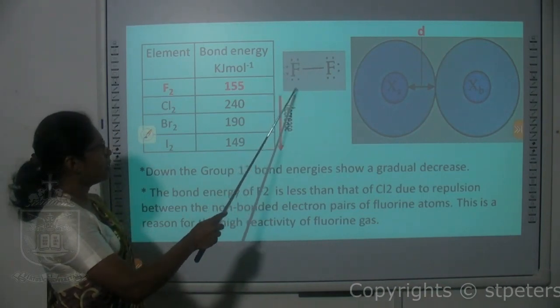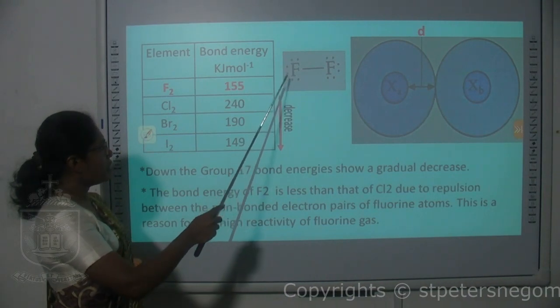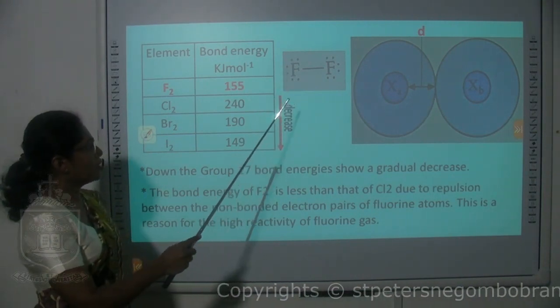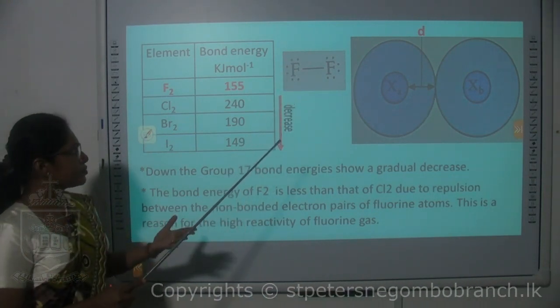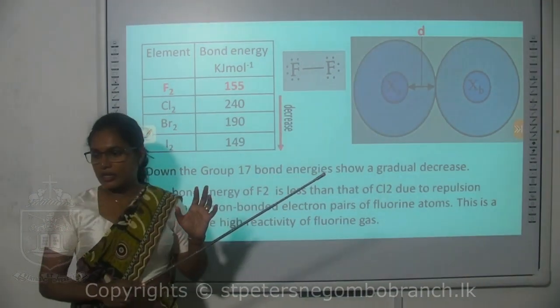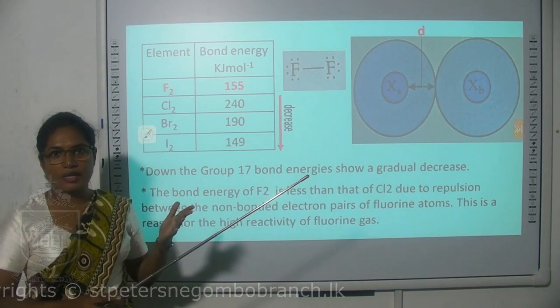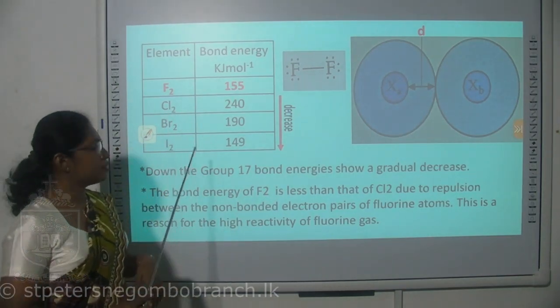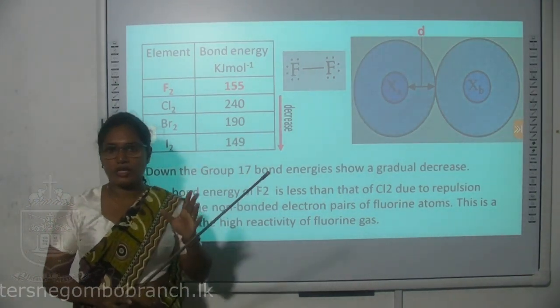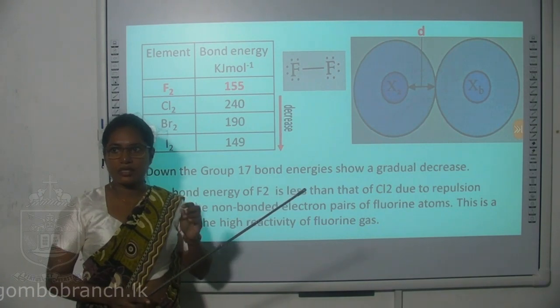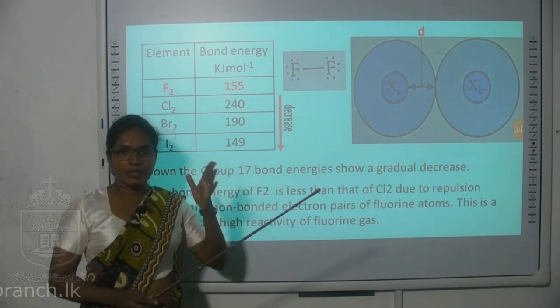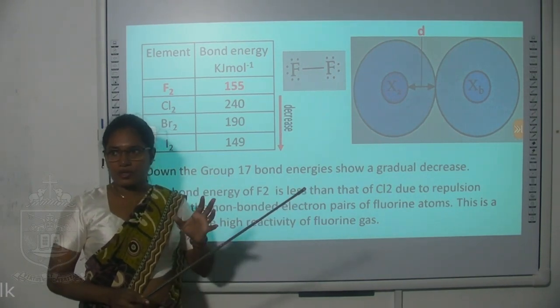Here you can see there are three pairs of electrons, and the electron repulsion of fluorine is a higher value than the other three elements, because fluorine is the most electronegative atom in that group.